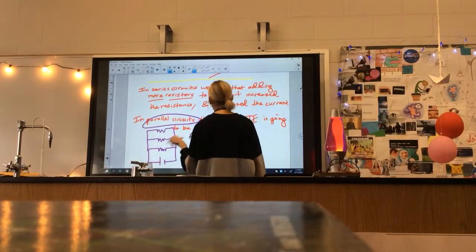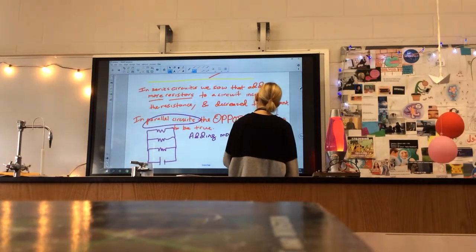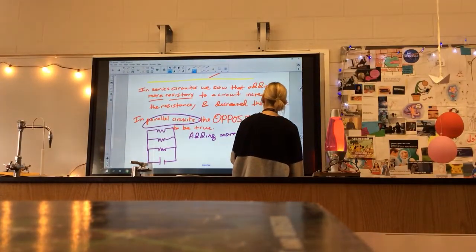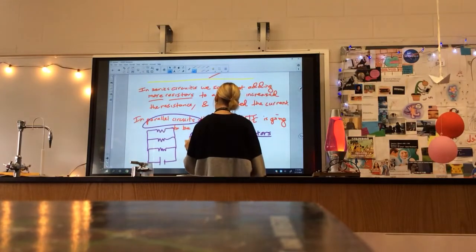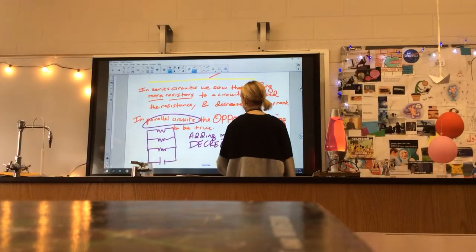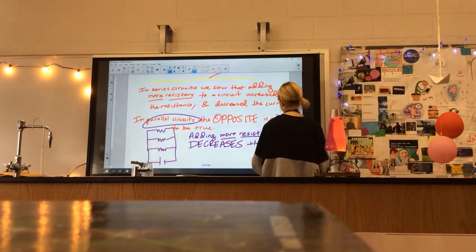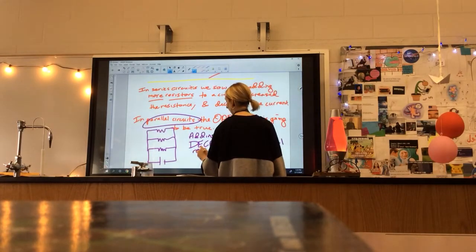We're giving more paths for current to take. Adding more resistors actually decreases, this is counterintuitive, the total resistance and increases the amount of current drawn.